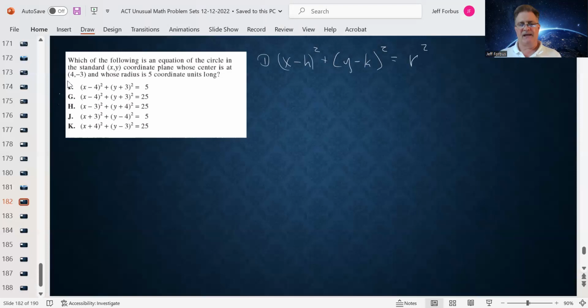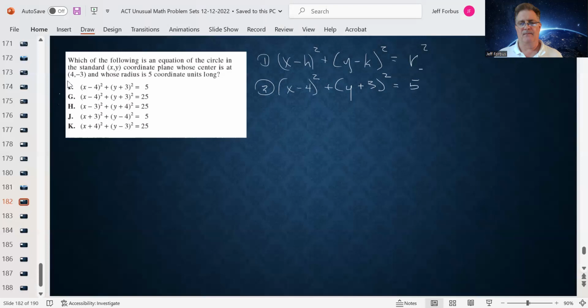The h and the k values come together to make the center of the circle. So they told us what the center is, 4, -3. So we can rewrite this equation by saying x minus 4 squared plus y plus 3 squared is equal to 5 squared.